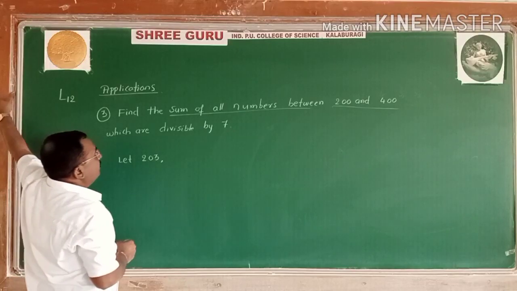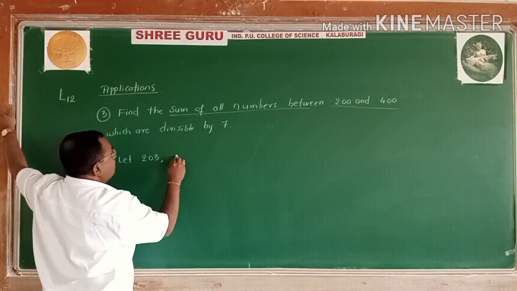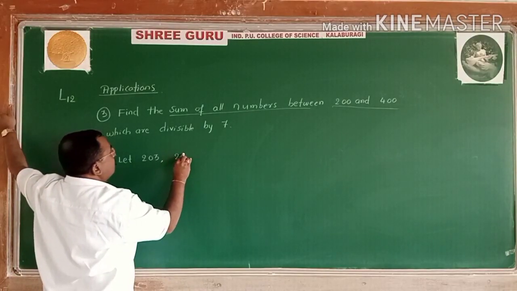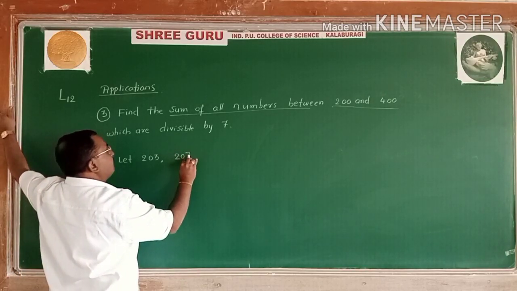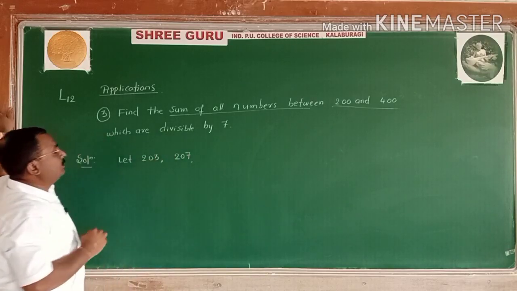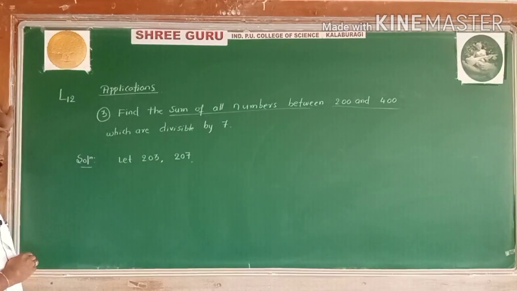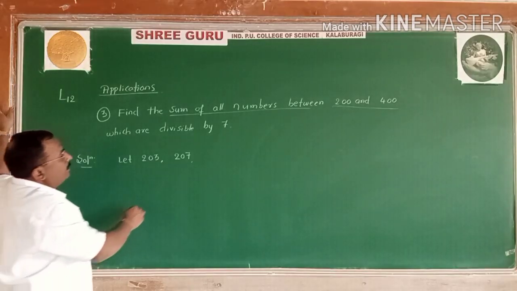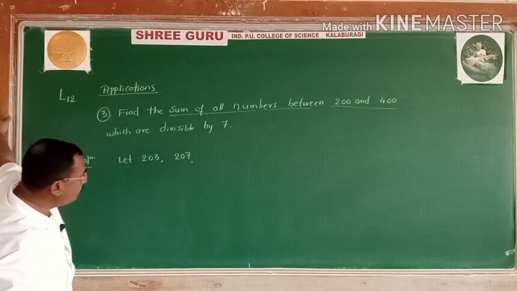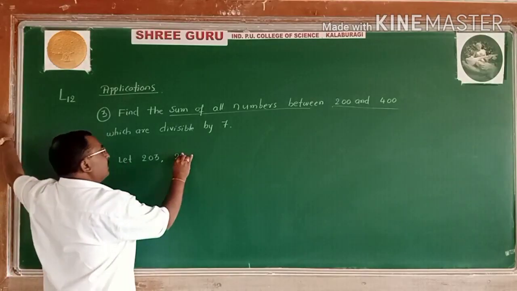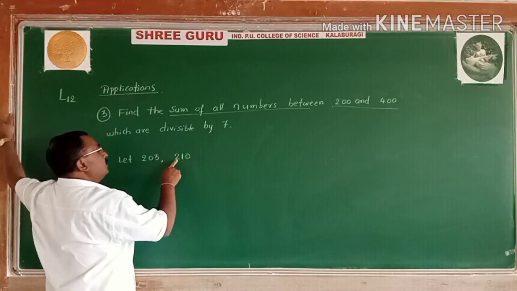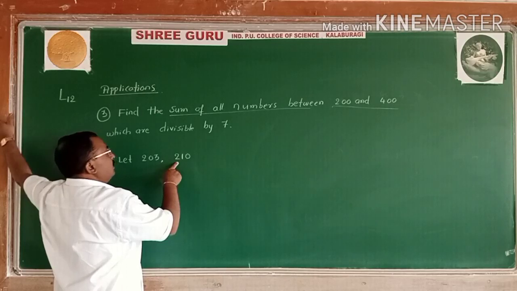Next, 207: 7 2s are 14, remaining 6, so 207 is not considered. 210: yes, 210 is divisible, 7 3s are 21.